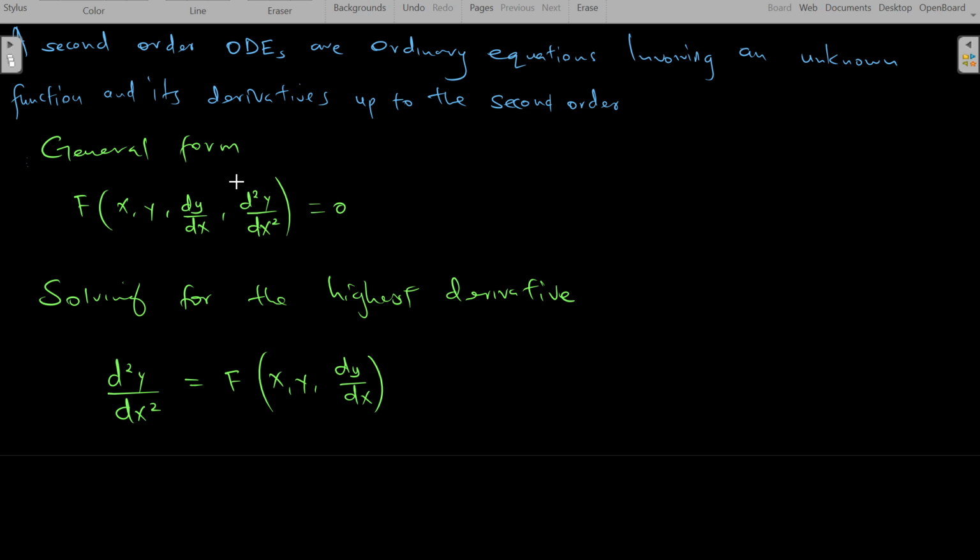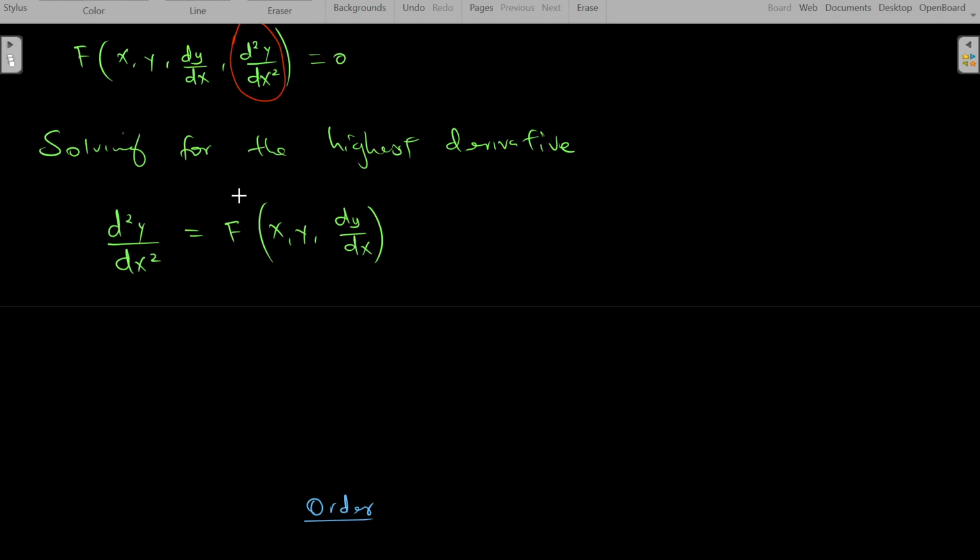We have simply solved for this part. So this is the general form for a second order ordinary differential equation.